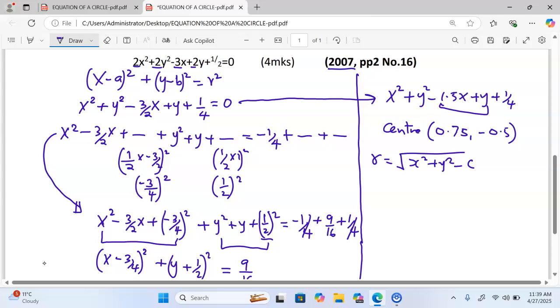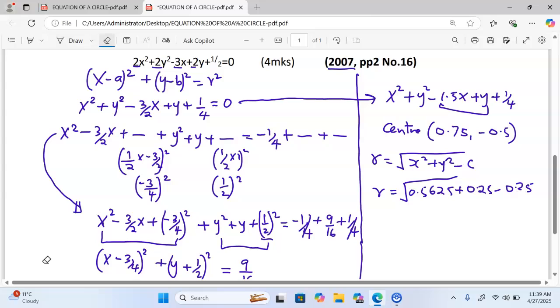And our x is 0.75, so we are going to have radius being equal to 0.75 squared. 0.75 squared is the same as 0.5625 plus y squared. Y is negative 0.5. Negative 0.5 squared is 0.25 minus c, and the c is a quarter, which is 0.25.